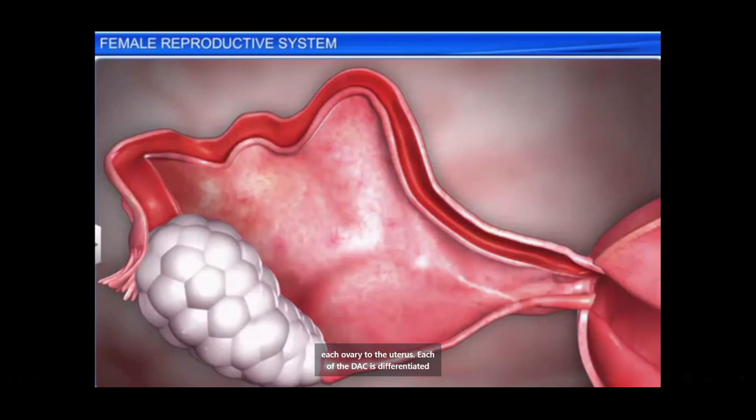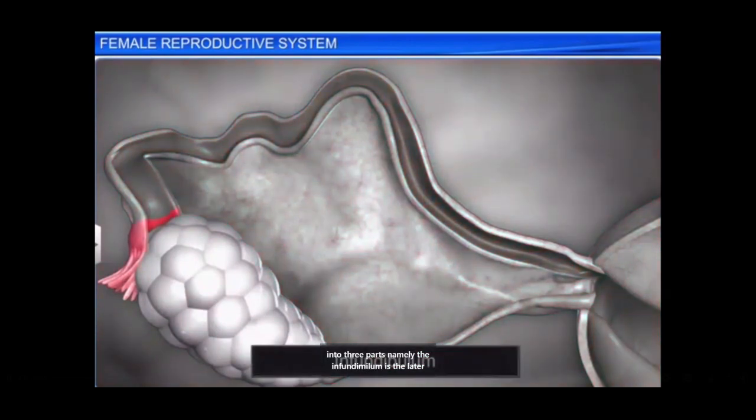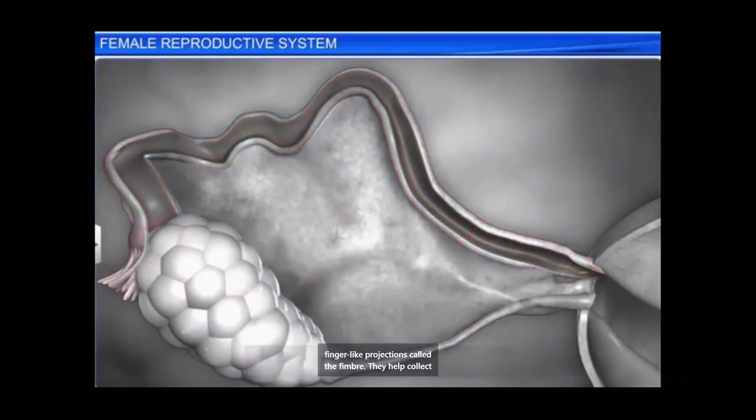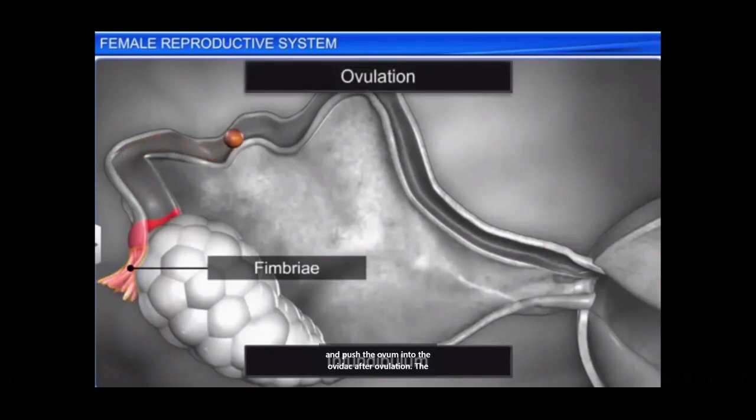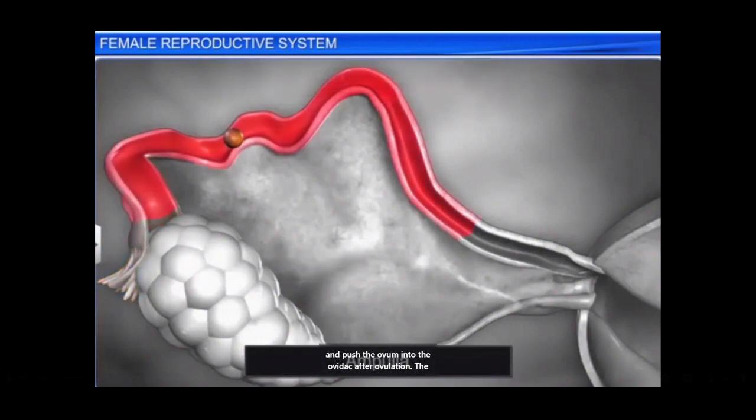Each duct is differentiated into 3 parts. The infundibulum is the funnel-shaped part close to the ovary. Its edges are surrounded by finger-like projections called the fimbriae. They help collect and push the ovum into the oviduct after ovulation.